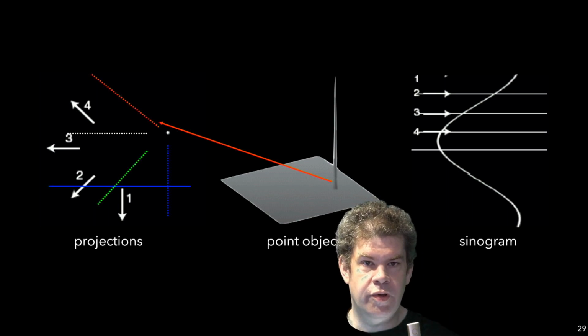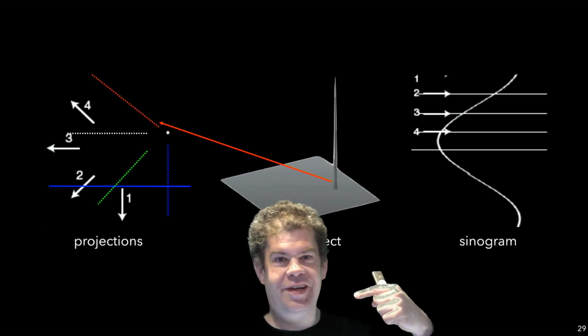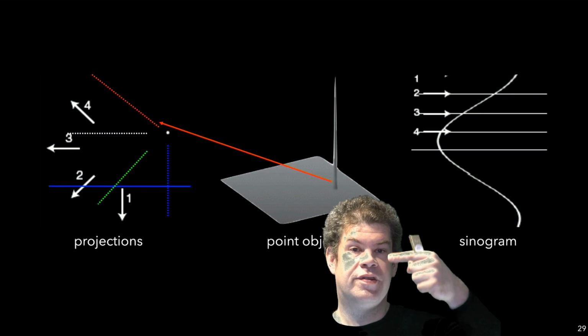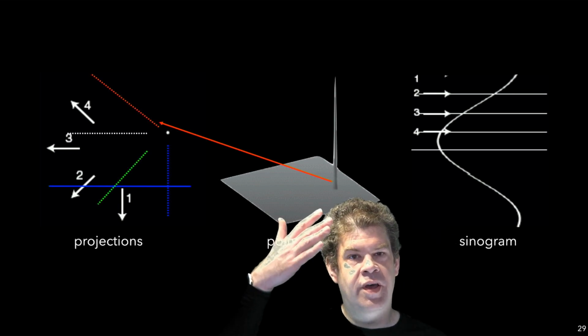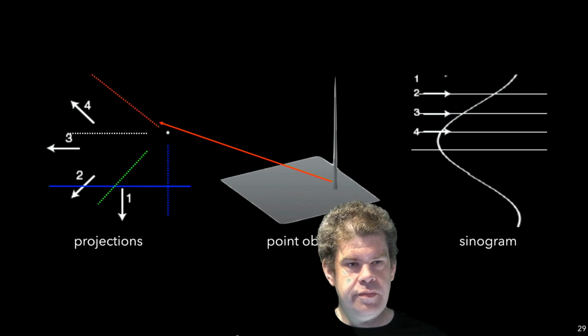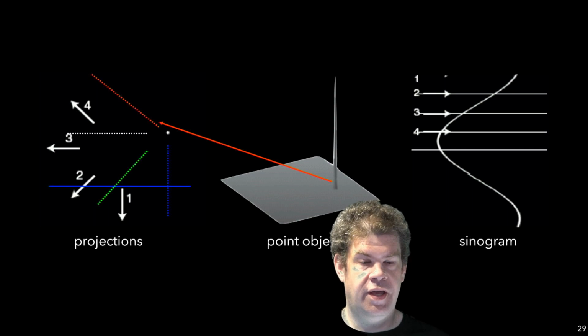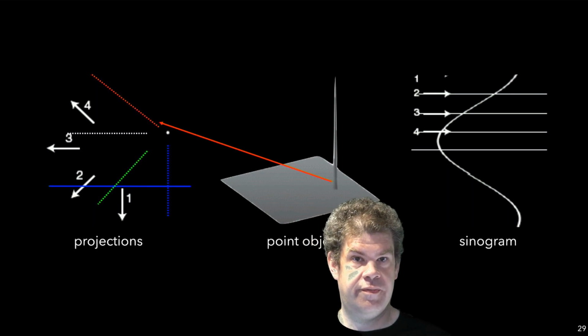For you, it moves up and down. For me, it makes a circular motion, right? How does it move up and down? Well, that's what the sine says: it describes the y-coordinate of a point on a circle. So for a single point, we would expect a sine wave.